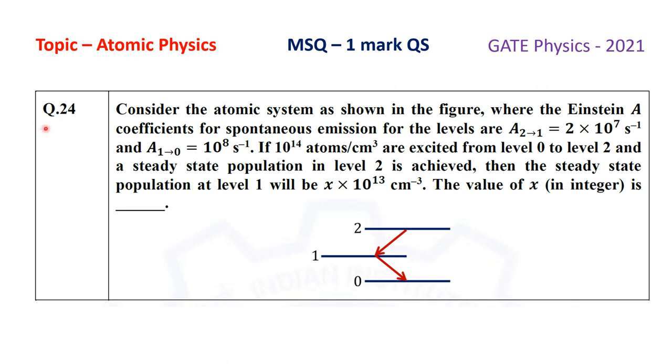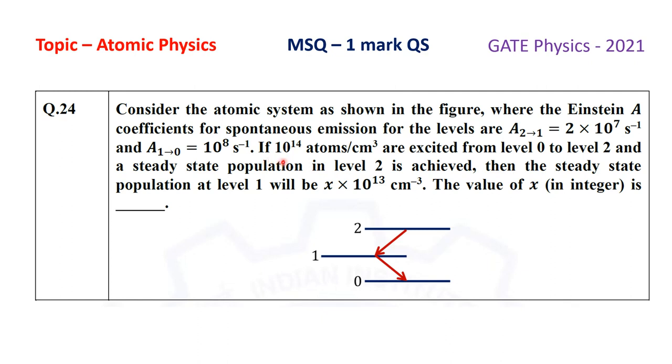The question is, consider the atomic system as shown in the figure, where the Einstein A coefficients for the spontaneous emission for the levels are A21 equals 2 into 10 to the power 7 second inverse, and A10 is 10 to the power 8 second inverse.